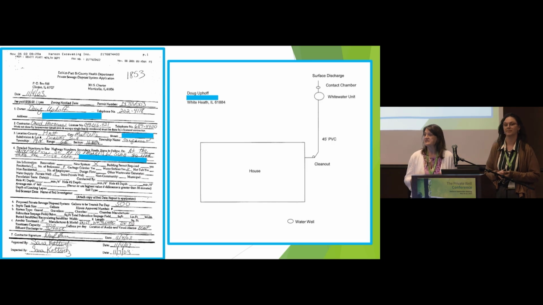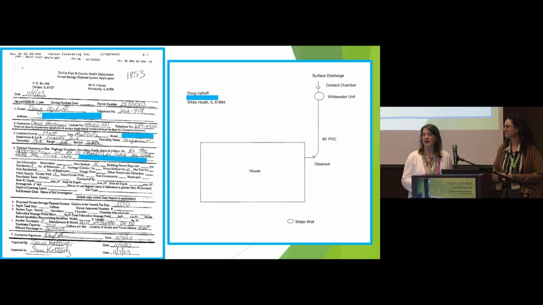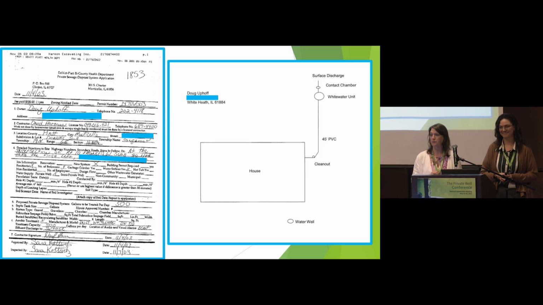So one of the first things that we do when we go out to do an assessment is we want to find as much information out before we step foot on the property. So the first thing that I did with System A is I contacted the health department. And this particular health department was able to get me not only this permit, but they just sent me the whole neighborhood to make sure I had the right one.